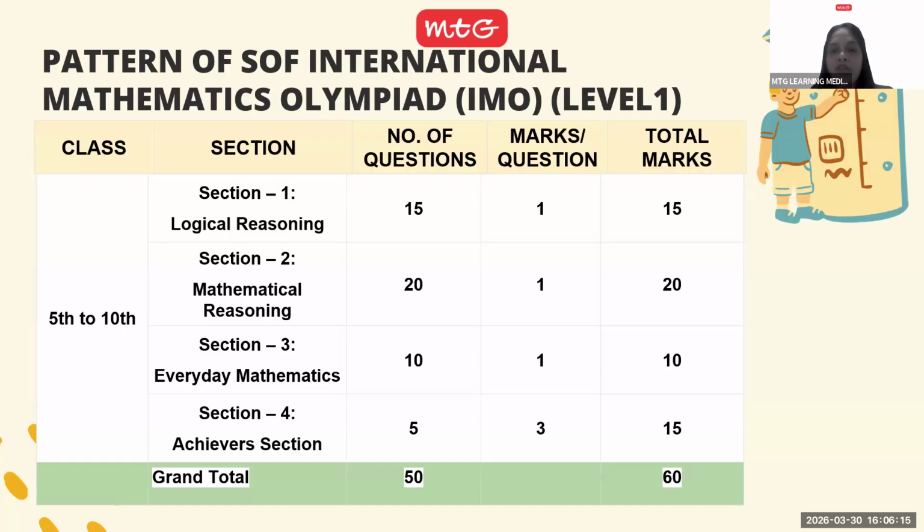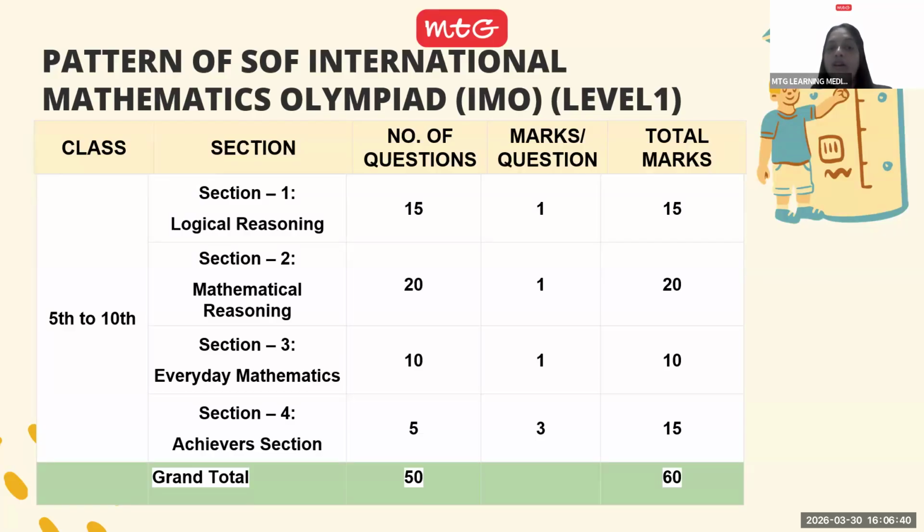Clear? Now the third section is everyday mathematics, with 10 questions. Again, each question carries 1 mark, so total marks are 10. Now coming to the final and very important section, students, the achiever section. There will be only 5 questions in this section, but each question carries 3 marks.